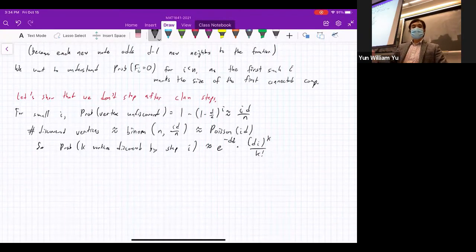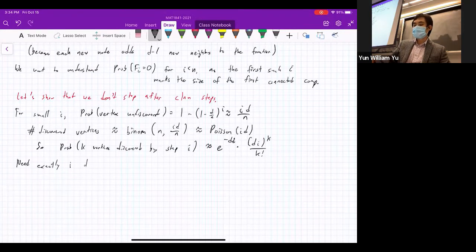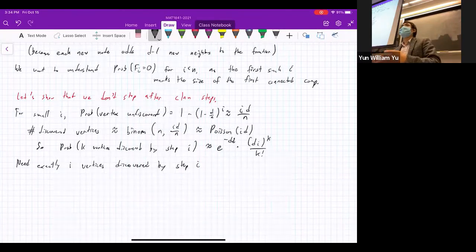And note that what we need is exactly i vertices discovered by step i. Because if we have more than that discovered, then we haven't concluded yet, so f sub i is not equal to 0. If we have fewer than that number discovered, it's still not concluded, because that means that we concluded earlier.